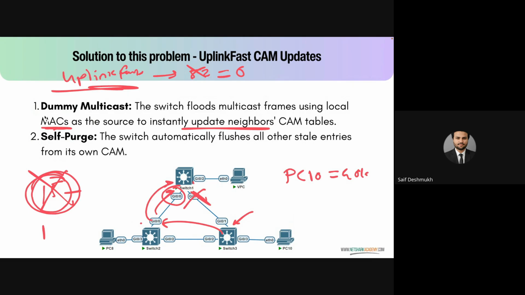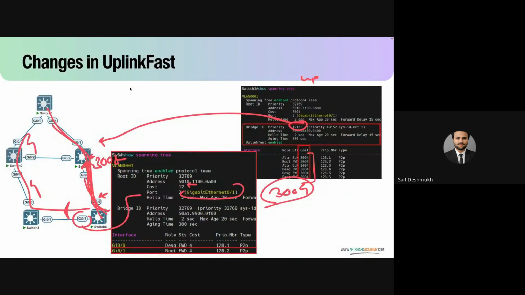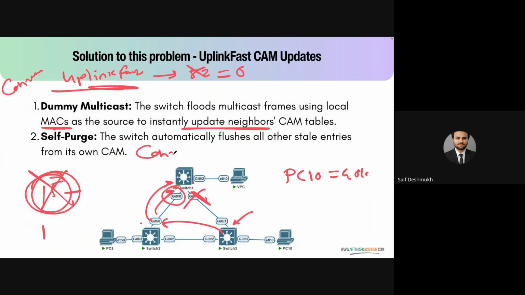So you should understand convergence. Even if you didn't understand something, you have to tell me what part you didn't understand, and we will try to take it into practical separately. There is something called convergence. You understood how the general new topology occurs and converges. Then there is something called reconvergence.